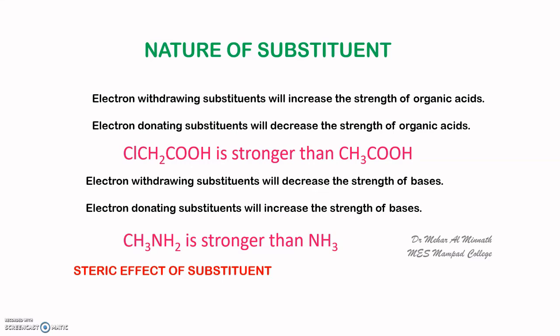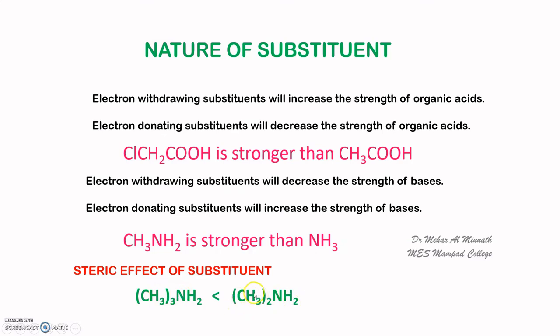Another factor is the steric effect of the substituent, the steric factor. That's another property of the substituent which decides the strength of the acid and base. Now, if we have trimethylamine and dimethylamine, you take these. In these two cases, you have got electron donating substituents.